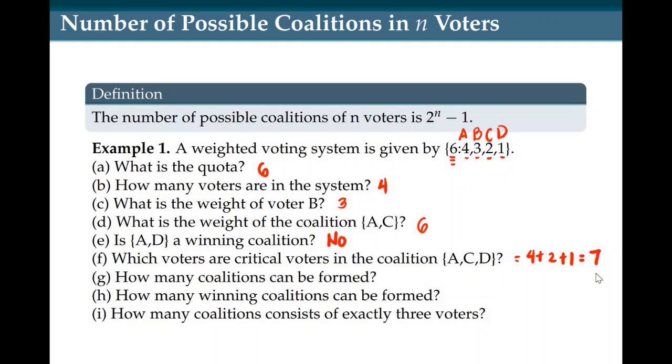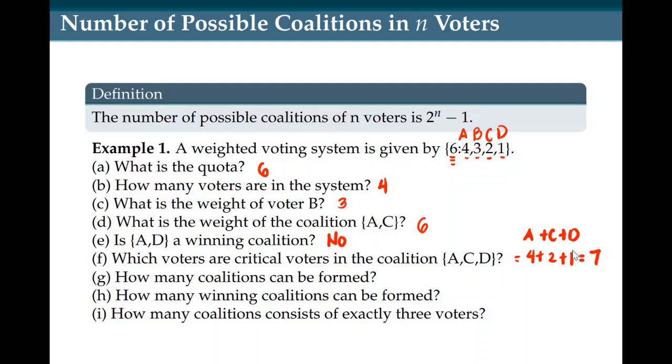That is 7 votes. So that is A plus C plus D. This is a winning coalition.